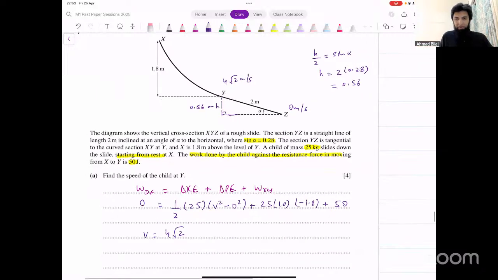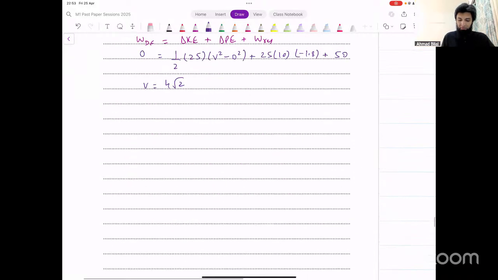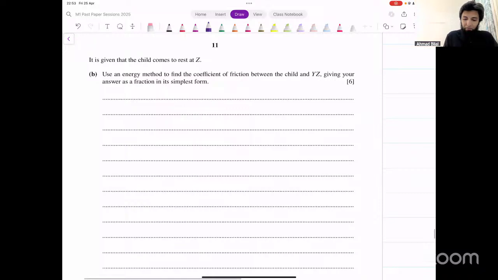Is there any driving force? There is no driving force. We just have work done against resistance left. Let's see what that turns out to be. Work done by the driving force equals change in kinetic energy plus the change in potential energy plus work done against resistance. There's no driving force, so there's no work done by the driving force.